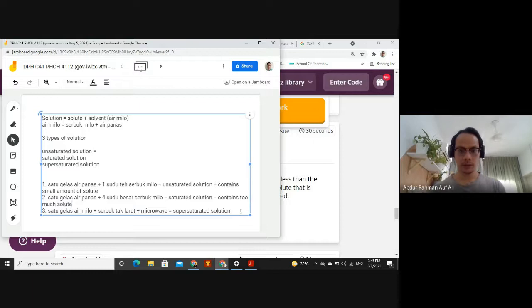Yang ini, last kali ini, it contains more solute than it could have with the help of external force, tekanan, pressure or heat.